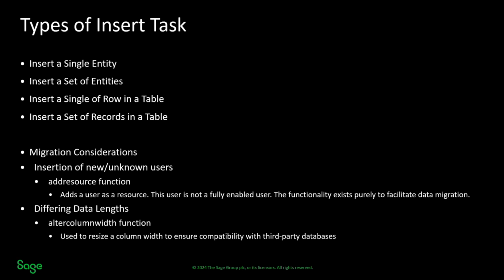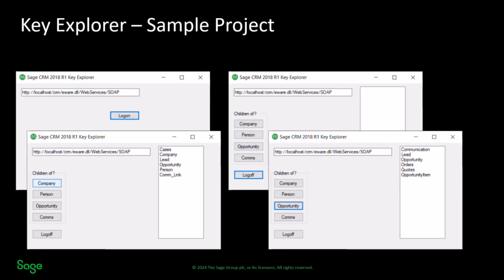I did talk about the discovery of information inside CRM. I mentioned that the query record method allows you to start to look at what's in the system. There are also methods called get metadata and get all metadata, across both the test harness application and another example that you can download called the Key Explorer.